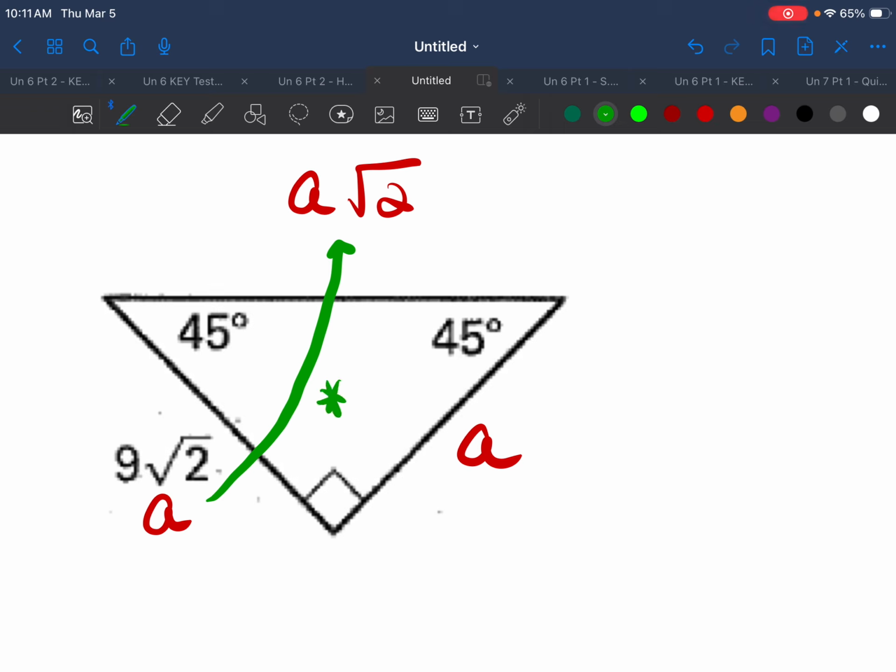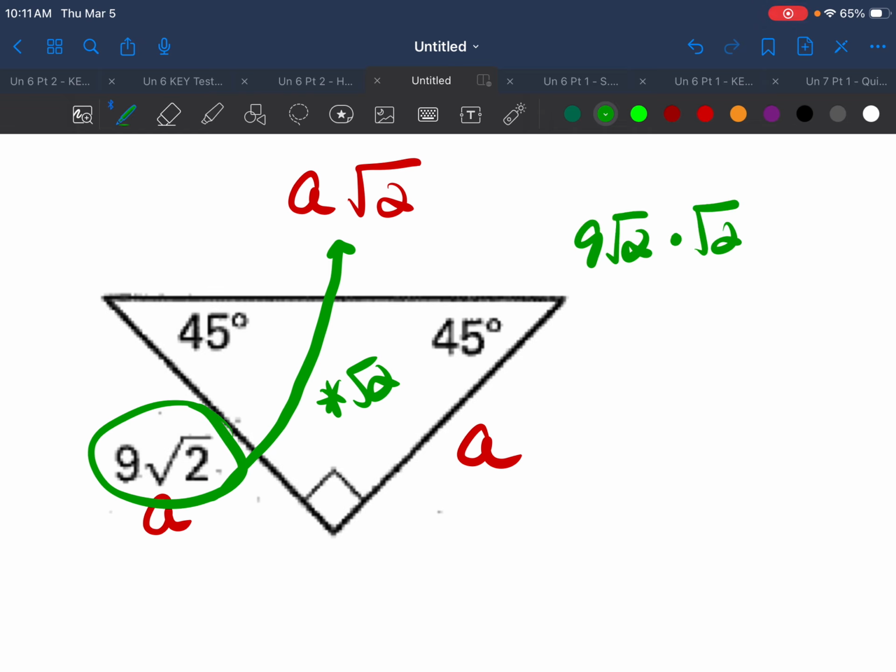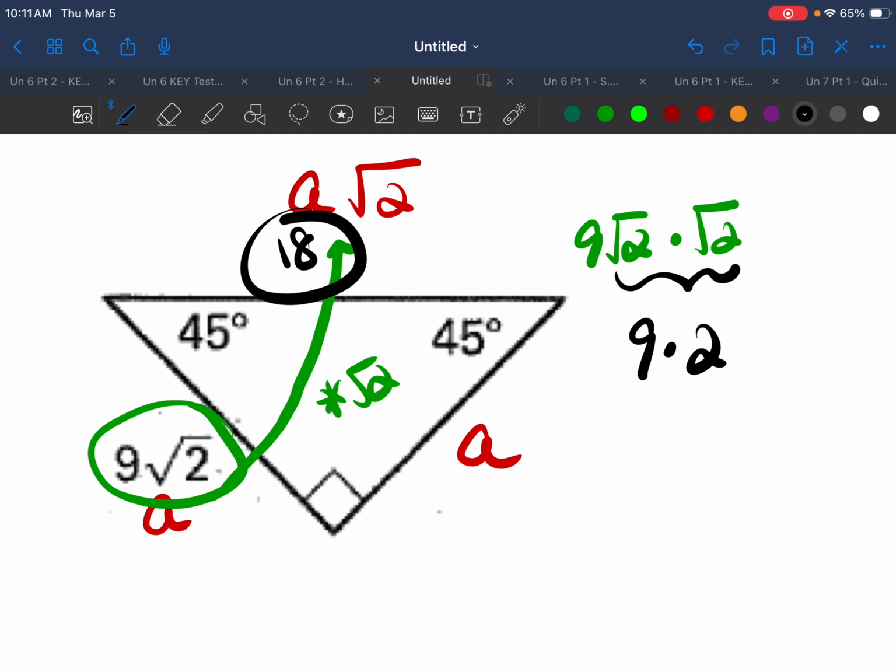We multiply by radical 2. So I'm going to take 9 radical 2 and multiply it times radical 2. Now we've done this extensively. Radical 2 times radical 2, yes, it's radical 4, but we should be skipping that step. Radical 2 times radical 2 is just 2, giving us a hypotenuse of 18.